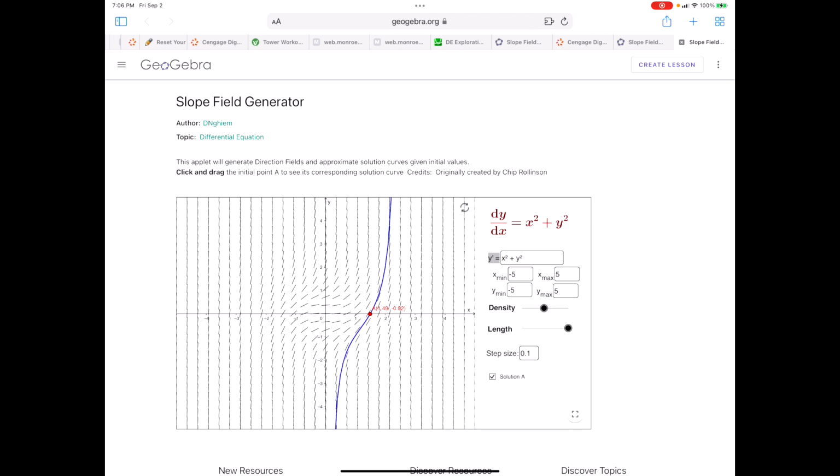Now this generator here is really cool. It should work, the link should work on your handouts. But this generator is really cool because you can take it to the point where you want it for the solution. And we wanted this to be at 0, 1.